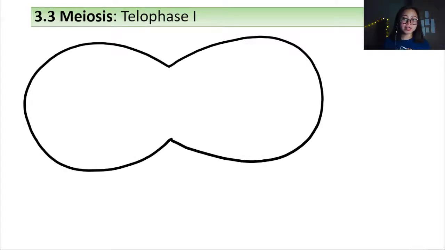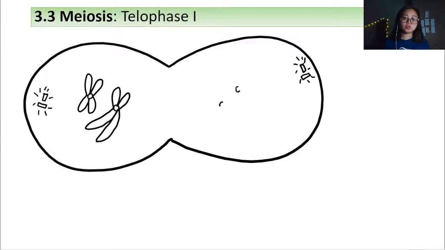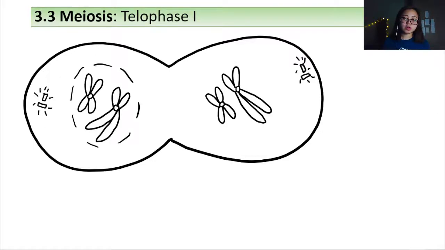We're gonna draw the cell. We're gonna draw the centrosome, but no more spindle fiber. We're drawing 1 chromosome, 2 chromosome, 3 and 4 chromosomes. I redraw the nuclear envelope, which is reforming, and then I draw the contractile ring.